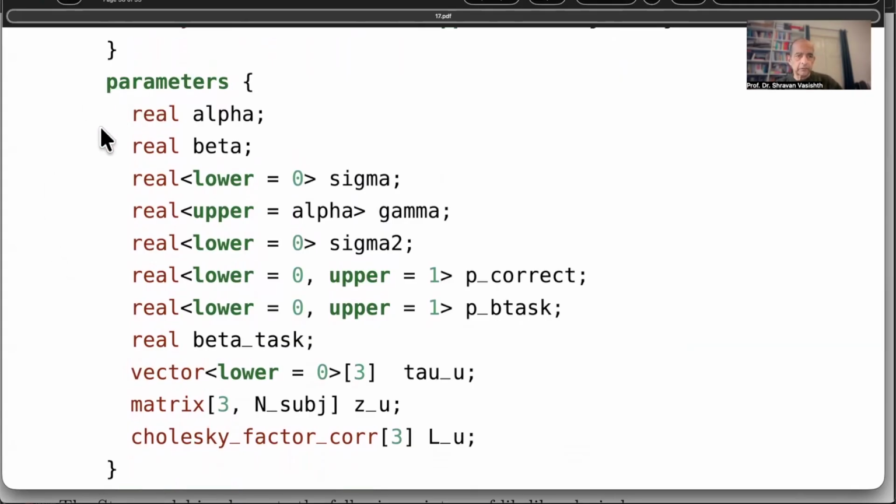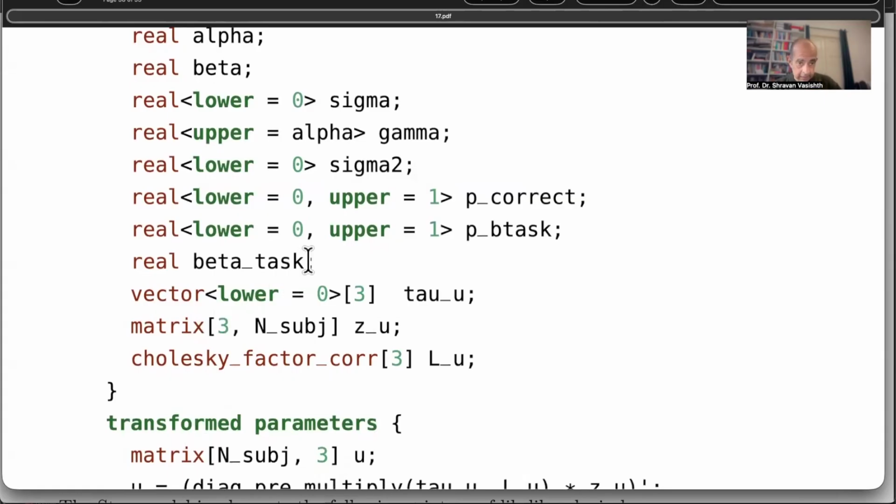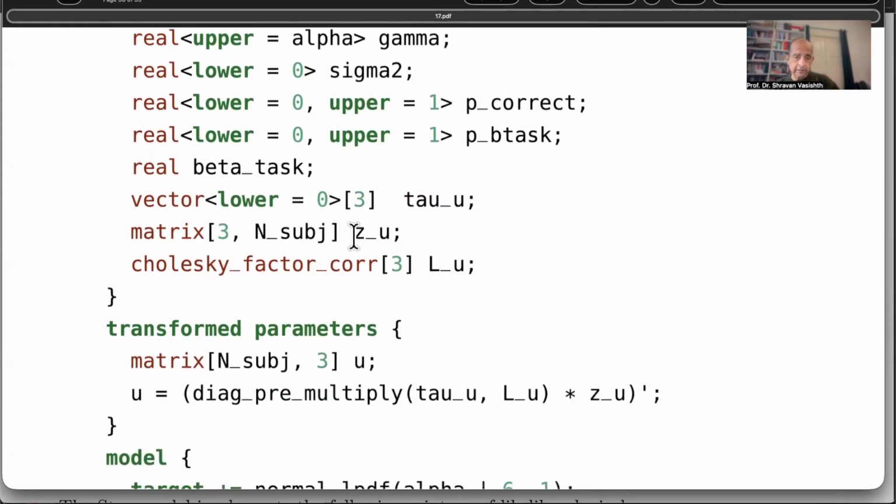Now we come to the parameters: alpha, beta, sigma, gamma, sigma 2, probability of correct, probability of B task, and beta task. All these are familiar to us now. Then there are the three taus, the three between-subject variabilities, so it's a vector with three elements. The lower bound is 0 because it's a standard deviation. There are three standard deviations.